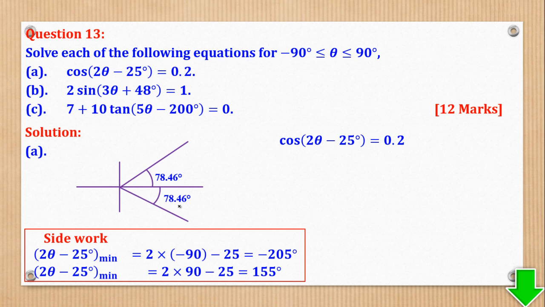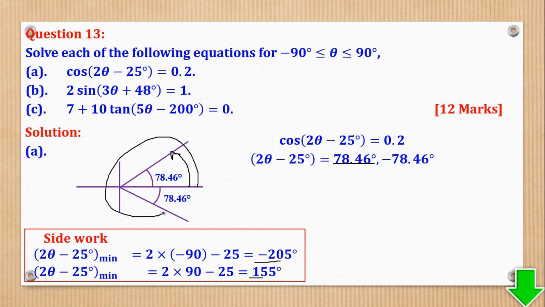Here we realize that the minimum is negative 205, maximum is 155. Let me first deal with the positives. Positive ones I'll have from here up to here, which is 78.46. Then this next positive will be from here up to here.